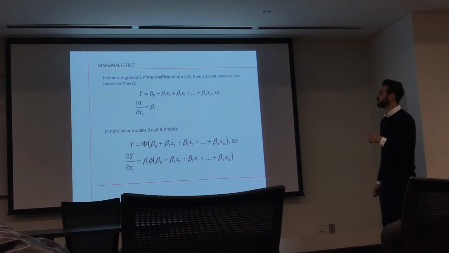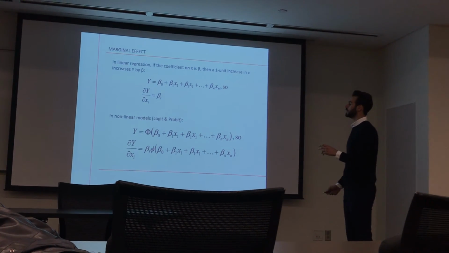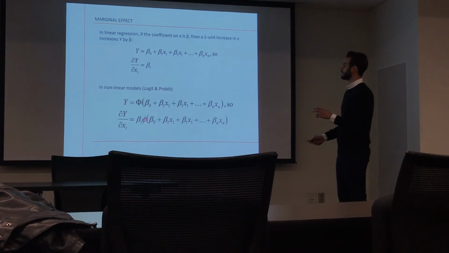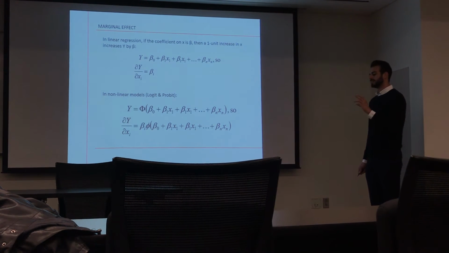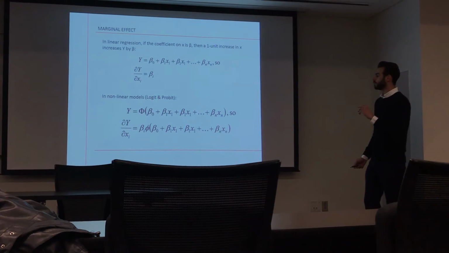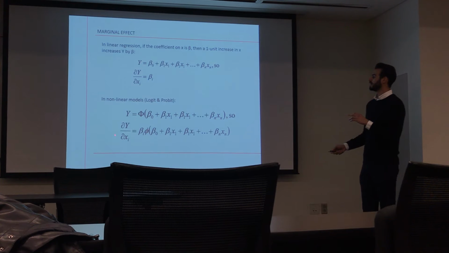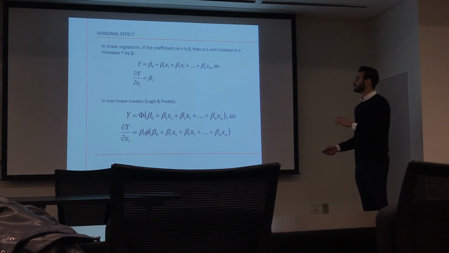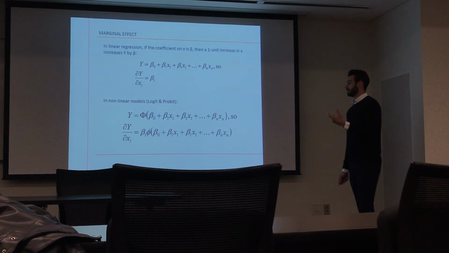In nonlinear models, we cannot state this kind of thing because the first derivative here is going to be beta i times this stuff here. This stuff here is just a cumulative density function that takes a value, and this value depends on the other regressors. So if we want to compute the first derivative for x1, this is going to be beta 1 times this function that depends on what values I selected for the other regressors.